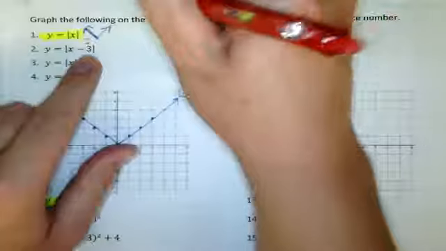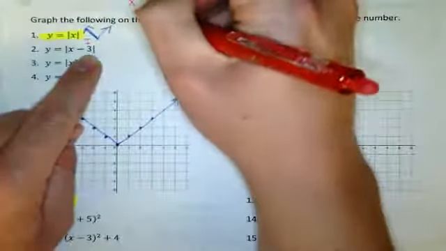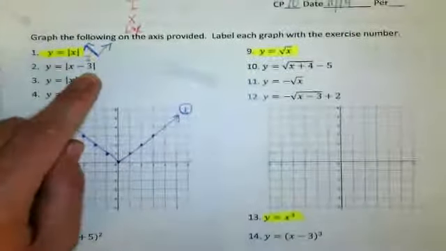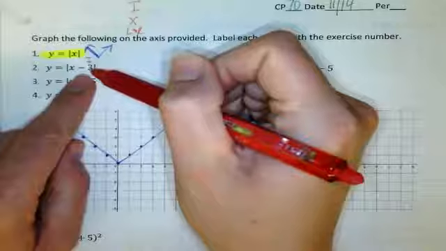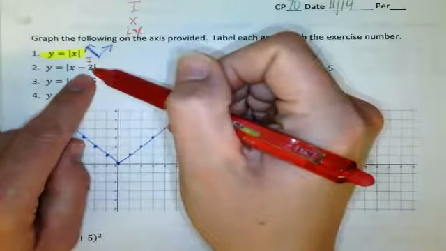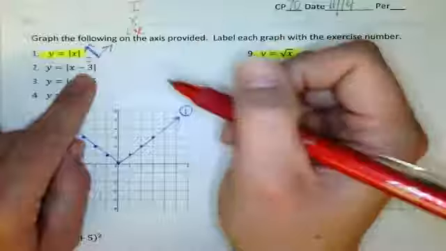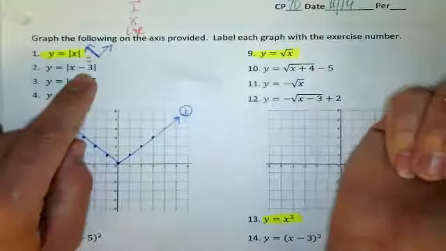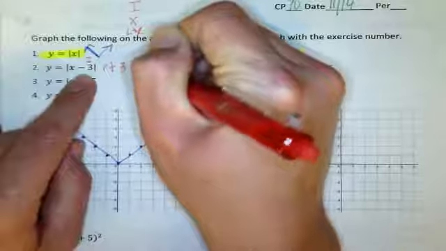So whenever you have a number on the inside, it affects the x values, and the x values move left to right. Now that we know the 3 is on the inside and we're moving left and right in the x direction, here's your guess. Does it move left 3 or right 3? Right 3 units.